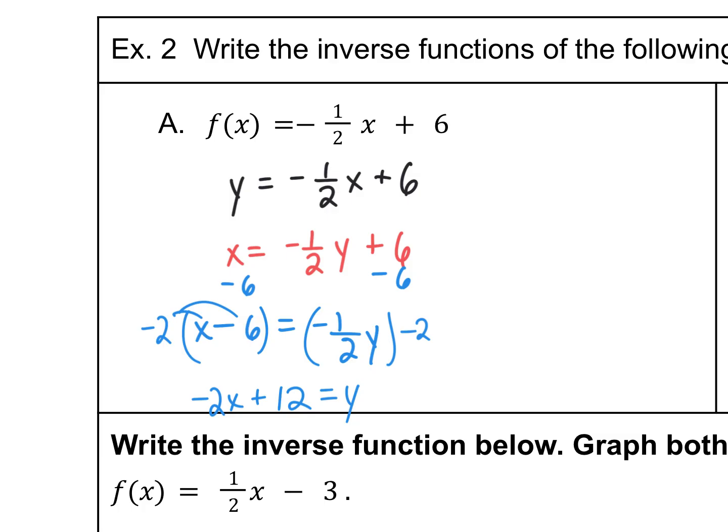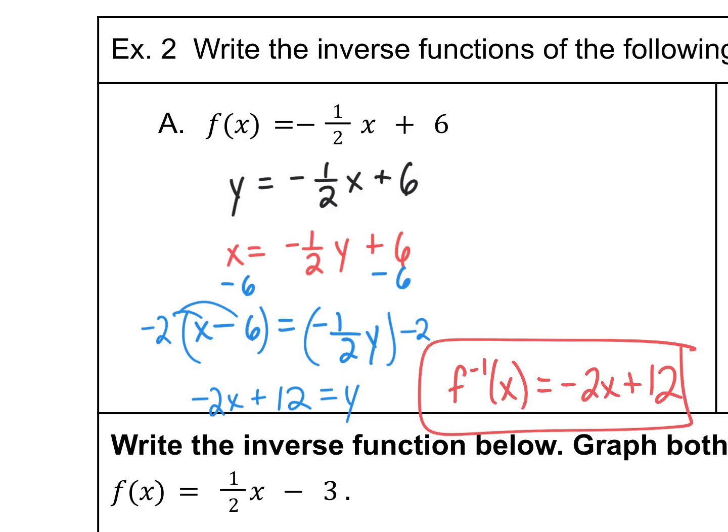It's not actually y, it's the inverse. So I'm just going to change that y to my inverse notation, and that equals -2x plus 12. And that's my answer. You could leave it on the right side if you want to, but it's proper to put it on the left. I would probably not take points off for that, though.